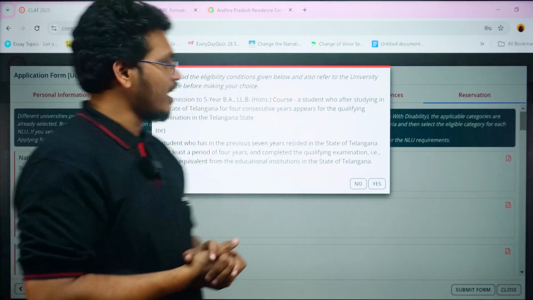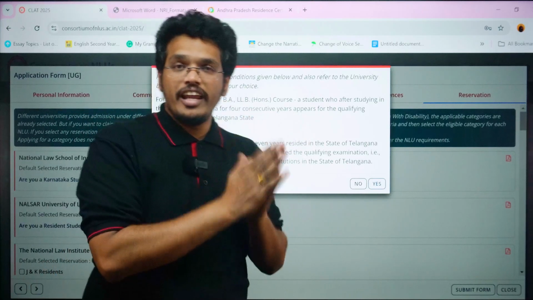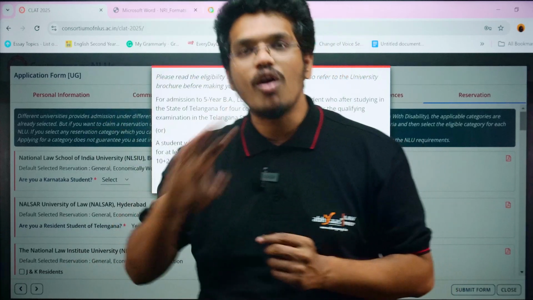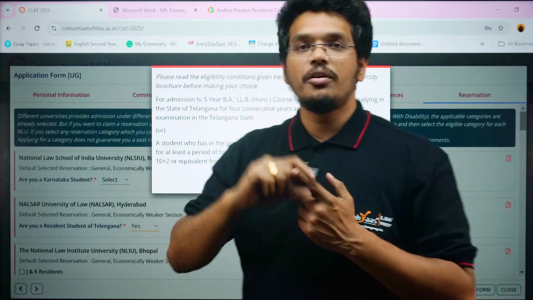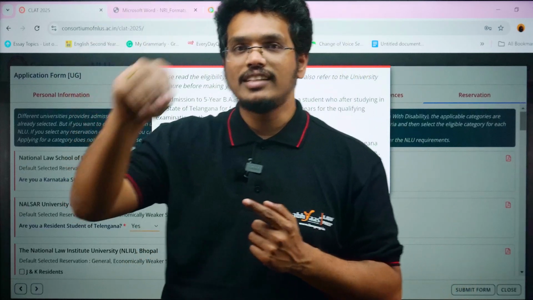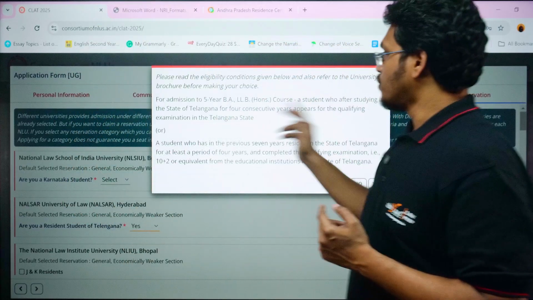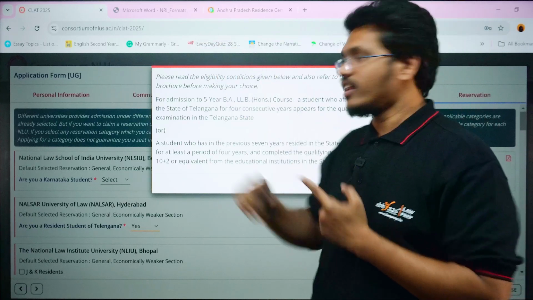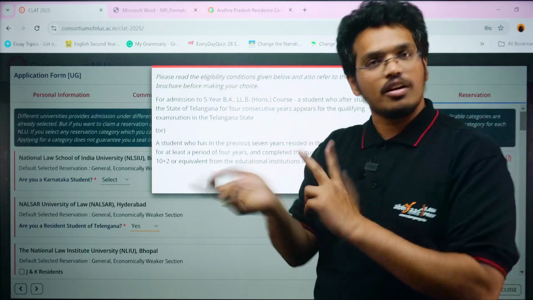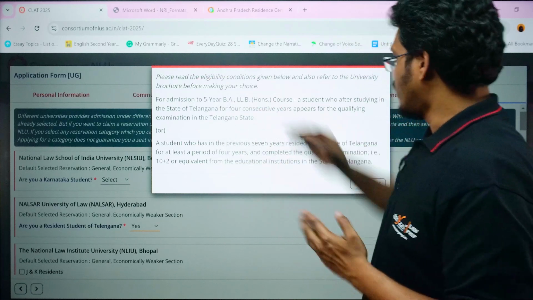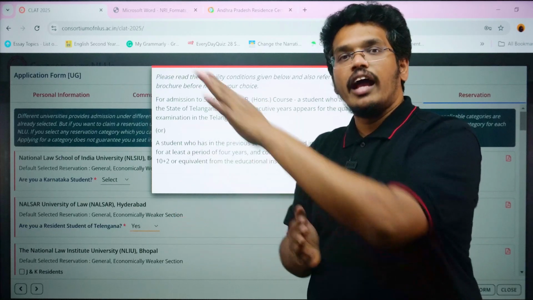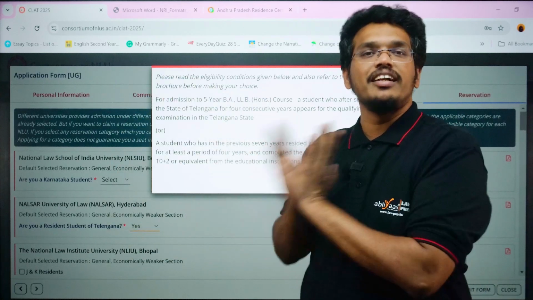The first criteria is that you need to continuously study in Telangana for 4 consecutive years, and you need to write the qualifying exam in the state of Telangana. That is the first criteria. If you are not meeting the first criteria, then there is a second criteria. Either of the 2 criteria is valid. So first is consecutively studying in Telangana for 4 years and writing the qualifying exam, that is intermediate.